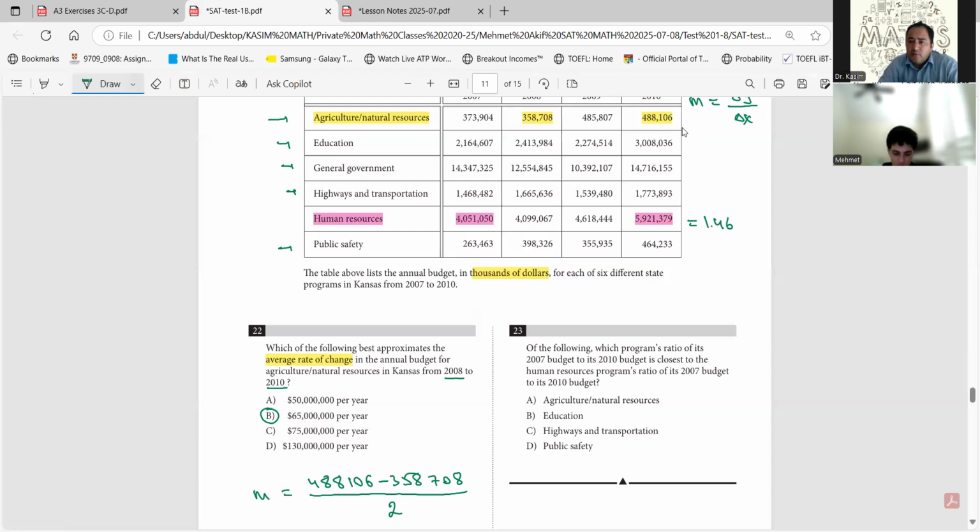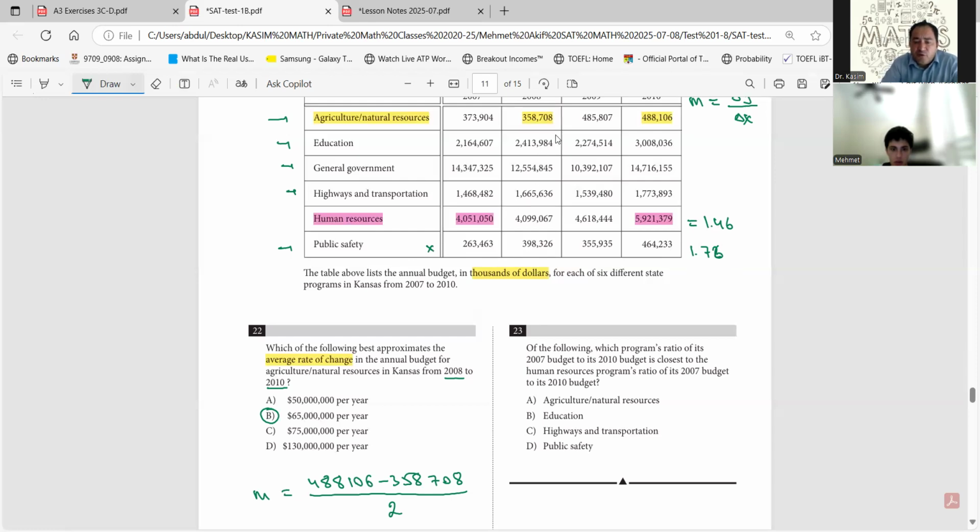Let me check again. You're taking ratio, right? You're just dividing. I got 1.762. Oh, wait, I got it for public safety, 1.762. Okay, it's not this then.